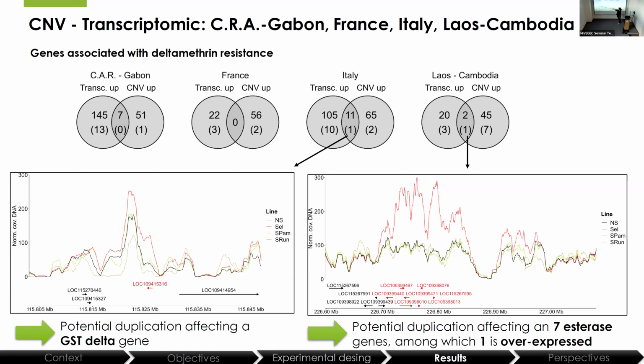Here is the genomic coverage in red of the selected line. And the overexpressed esterase in Laos is here and seems to belong to a big cluster of esterases, which is duplicated in the selected line.